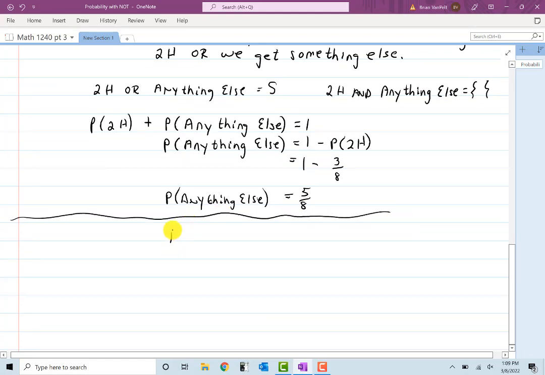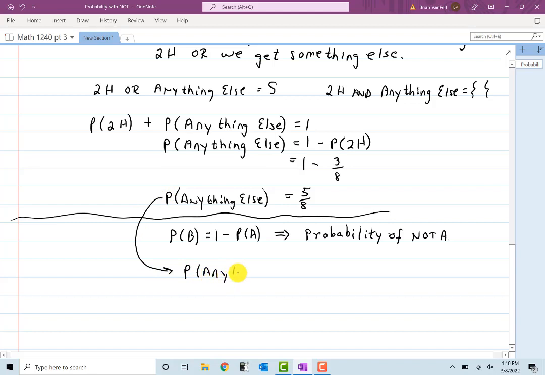Let me just write something here. If we have something like the probability of B equals 1 minus the probability of A equals the probability of not A, that means that's the probability that A doesn't happen. So this guy right here, when I did the probability of anything else, that was equal to the probability of anything other than 2 heads.